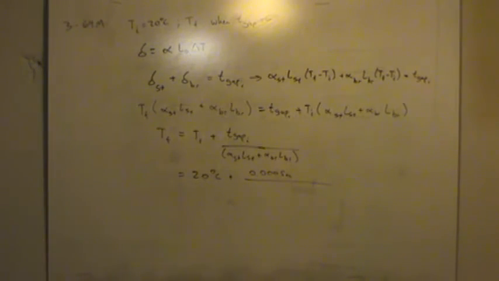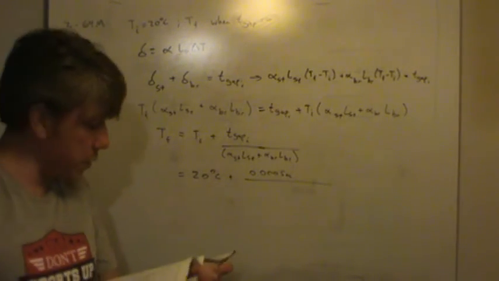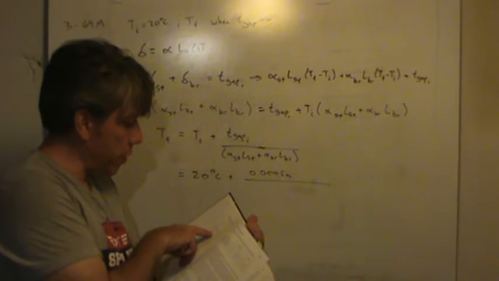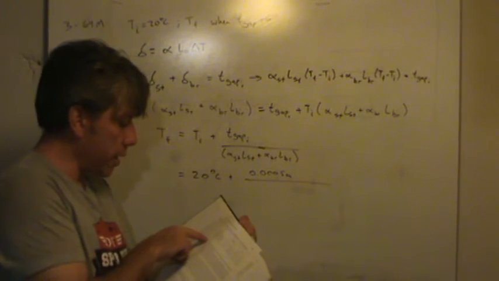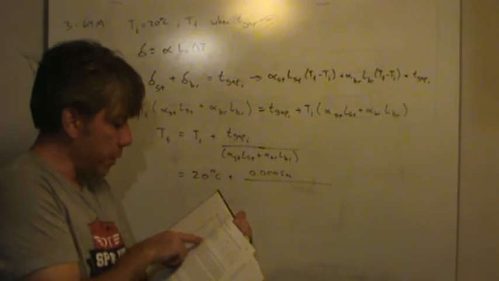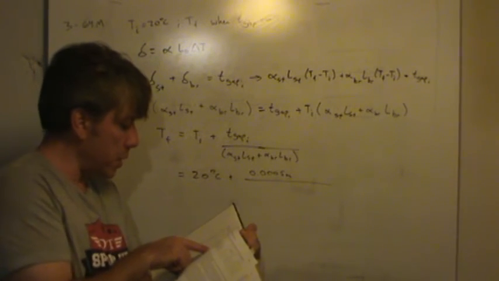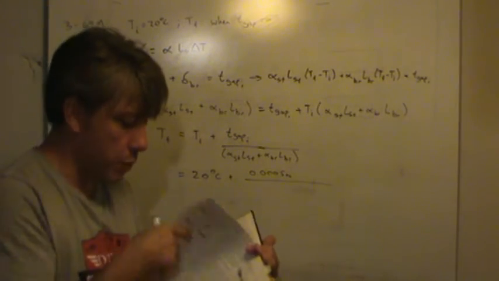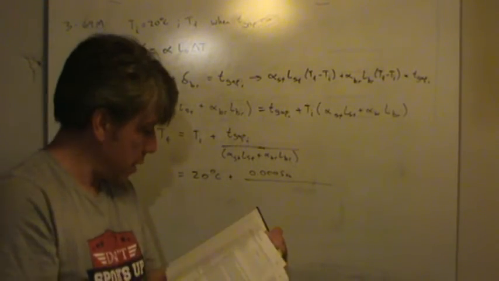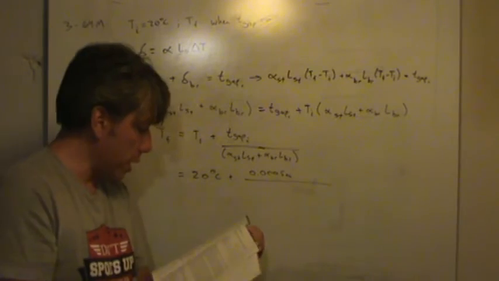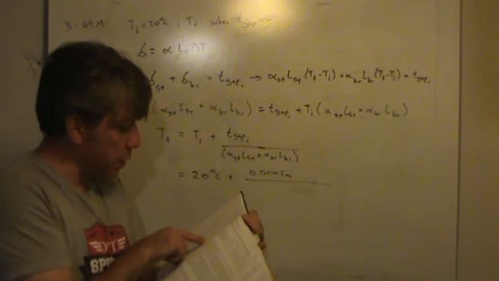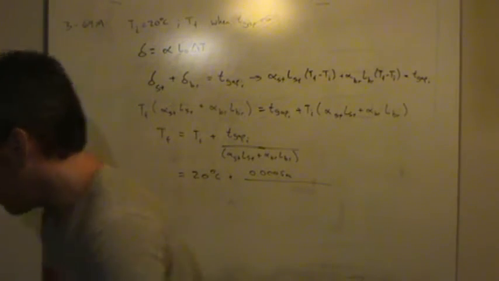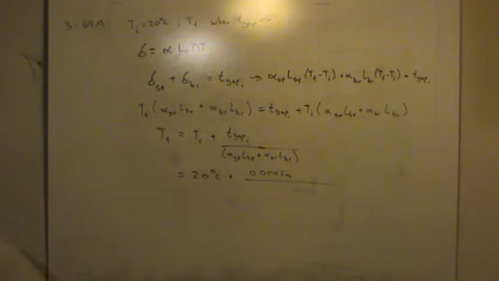If we look at page 134 and look for stainless steel in the alloy given, which was 430, then the coefficient of thermal expansion is 10.4 times 10 to the negative sixth. And if we look up the other material, which I think was bronze, no, it's brass, C36000, its thermal expansion coefficient is 20.5 times 10 to the negative sixth. So we've got those two numbers from page 134.